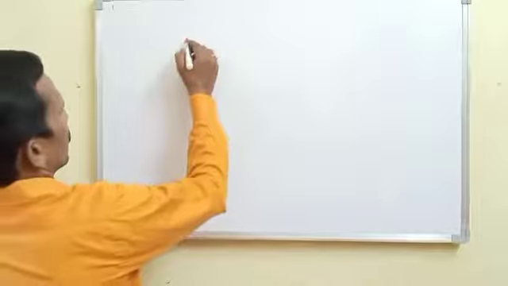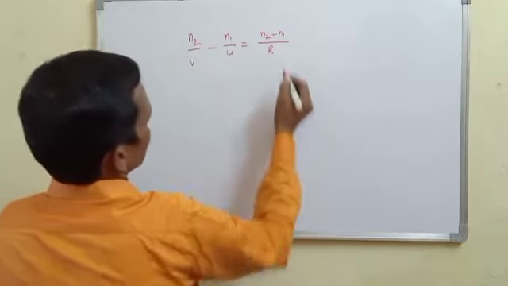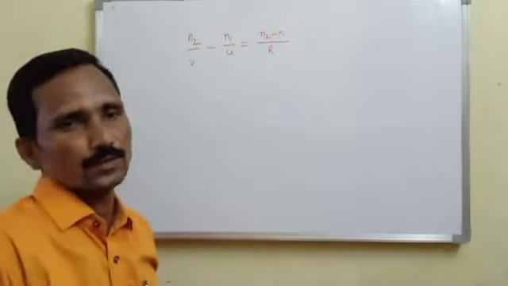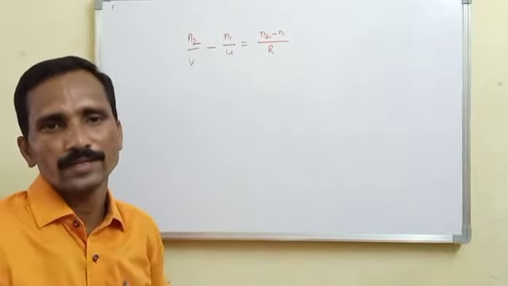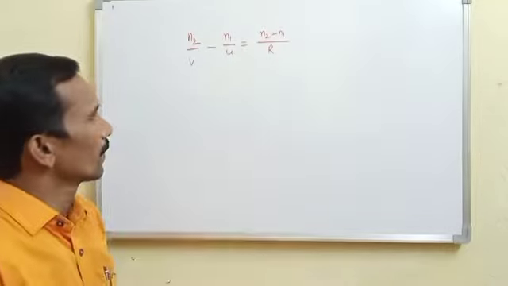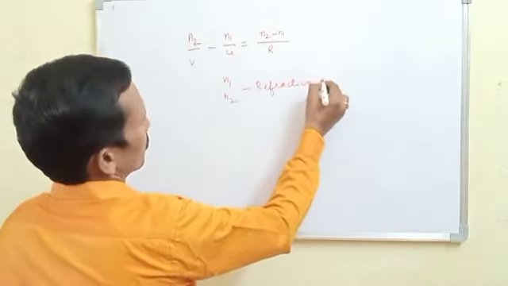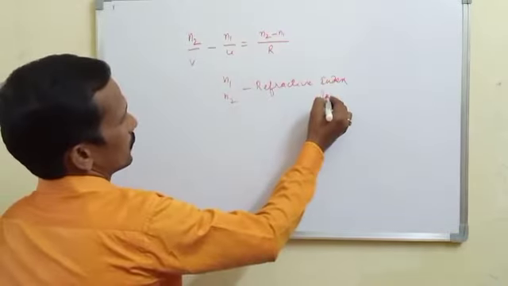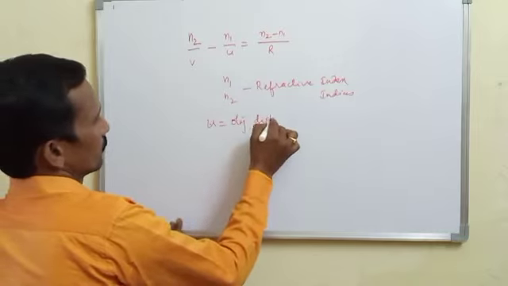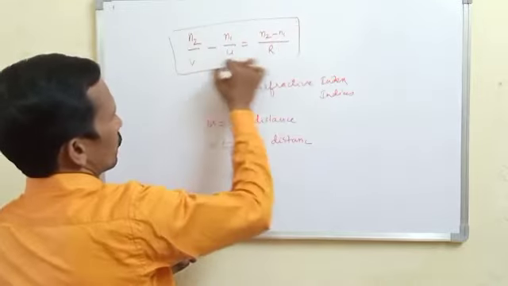The formula is N2 by V minus N1 by U is equal to N2 minus N1 by R. You know, V means image distance, U means object distance, R is the radius of curvature. N1 and N2 are the refractive indices of both mediums, rarer and denser. So this formula will help us find the distances.